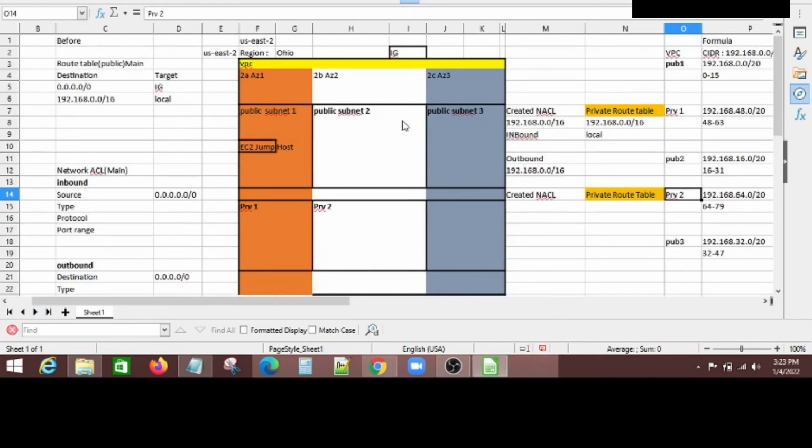In this, I have to start doing something. So I said, let me create a jump host. A jump host is an EC2 instance, an Elastic Compute instance, a cloud instance, and I said I want to create it in public subnet 1.